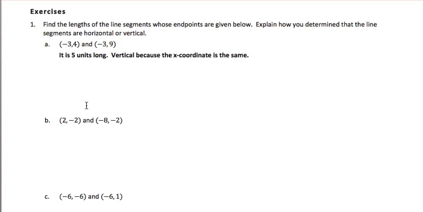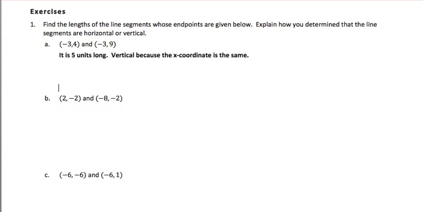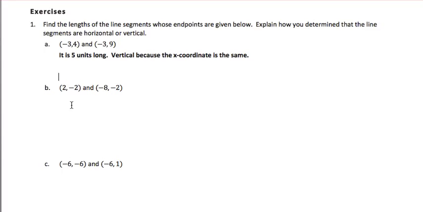Our next points, (2, -2) and (-8, -2), share a y-coordinate, which is kind of the opposite of what we just did in A. So that means that it's going to be a horizontal line. And the distance between 2 and -8: +2 has to go back to 0, 2 units.